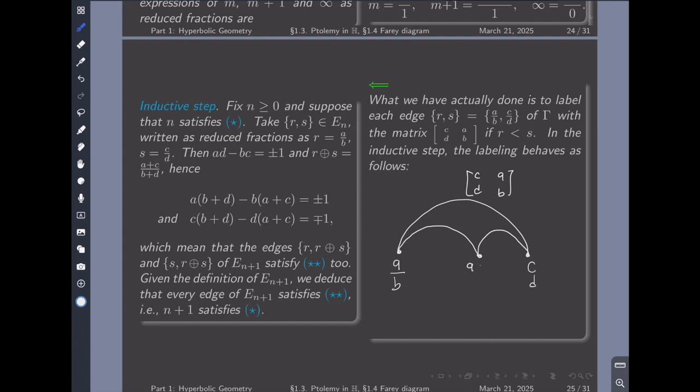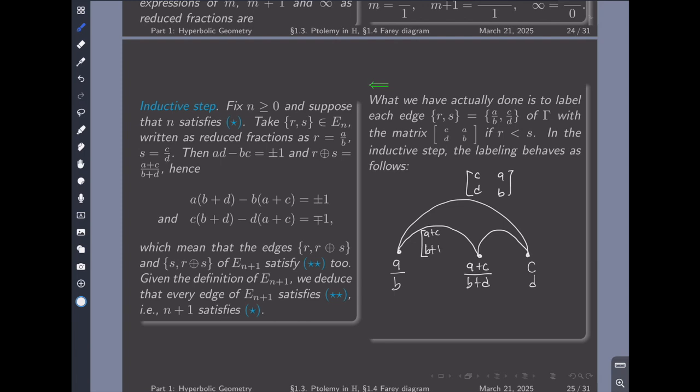This is A plus C, B plus D. Of course, when I write this, I'm already assuming that this is reduced and this is reduced.